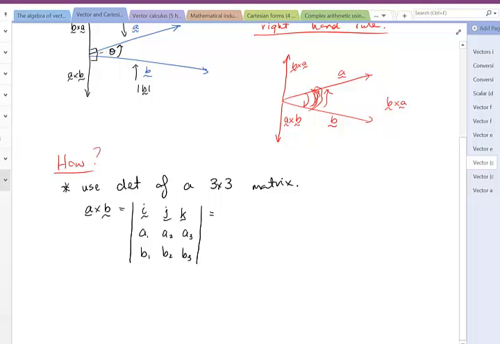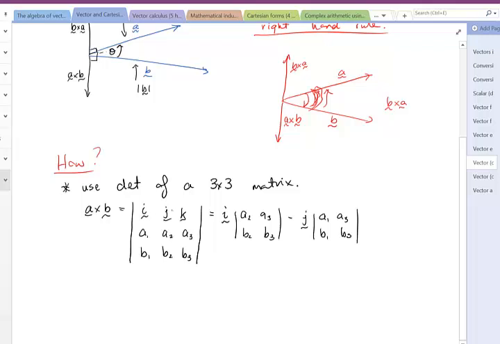Now, as we're all familiar with the determinant of a 3x3 matrix, that's relatively straightforward. So we have I multiplied by our bottom. So we do not consider the row and column that includes I. So we'll have I multiplied by the determinant of A2, A3, B2, B3, subtract J, multiplied by the determinant of A1 and A3, B1 and B3.